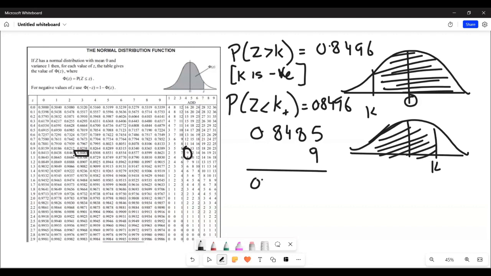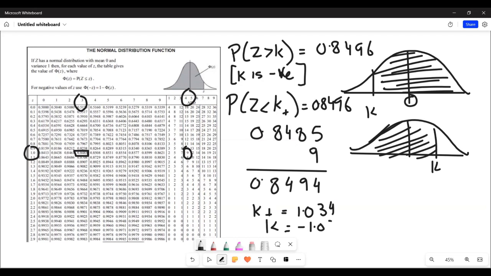Okay, so add 9. 0.4 here, 9 here, 4 here, 8 here. So we did not get 9.6, but we got 9.4. So we'll use that. So we get 1.034. So K positive is 1.034. So the actual K is going to be negative 1.034.